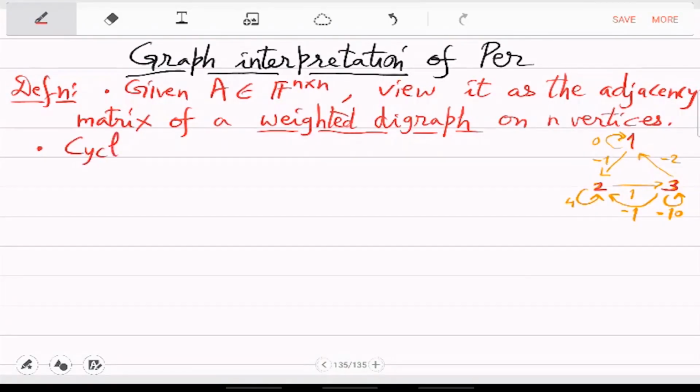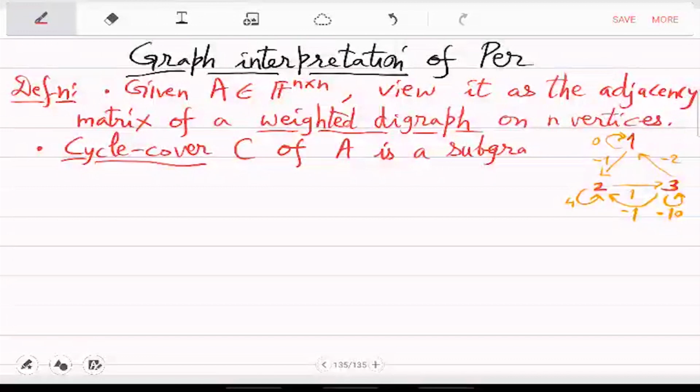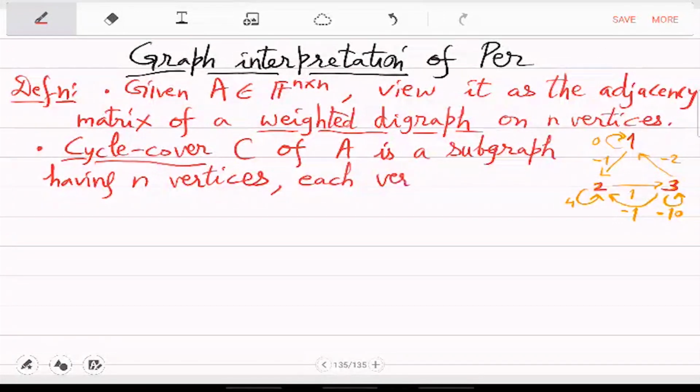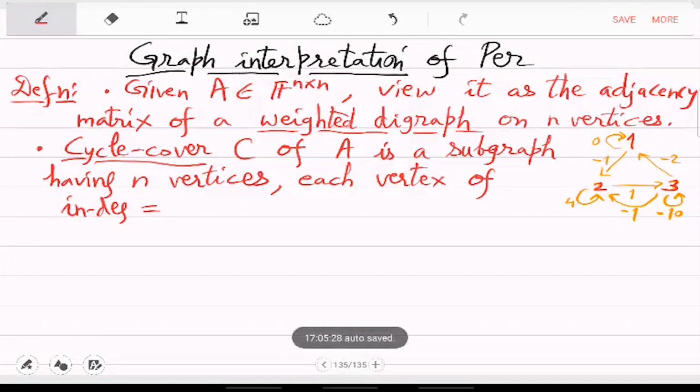So look at a cycle cover. A cycle cover C of this weighted digraph A is a subgraph having n vertices, each having in degree and out degree 1.